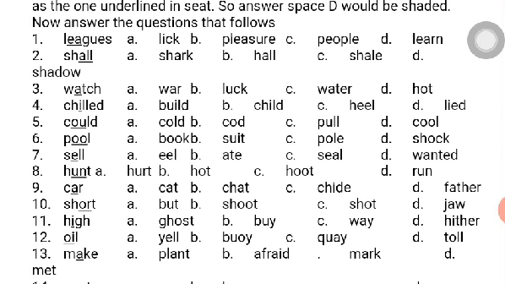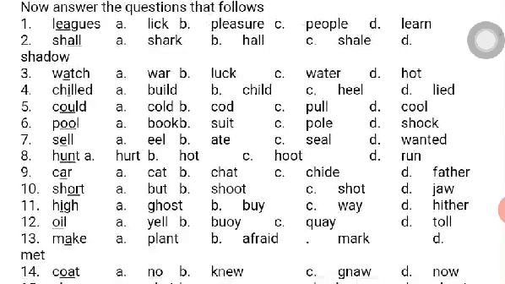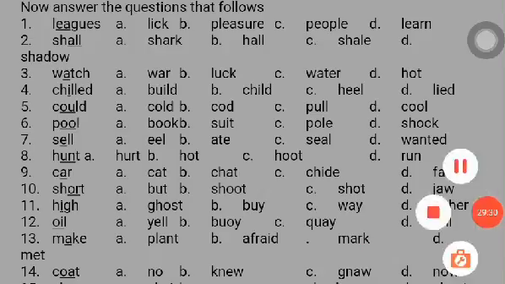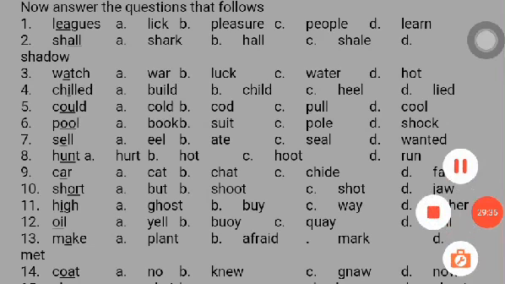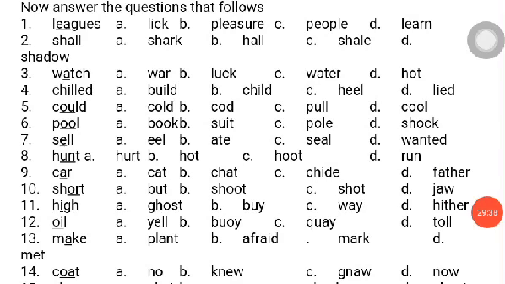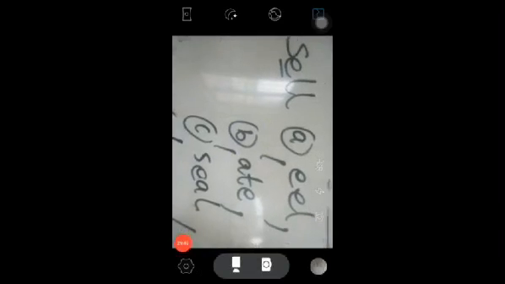Option B, ATE. Option C, SEAL. And option D, WANTED. So we are about to go on a journey to the answer marker board so we can get our answer and explanations. Let's go there and make it snappy.